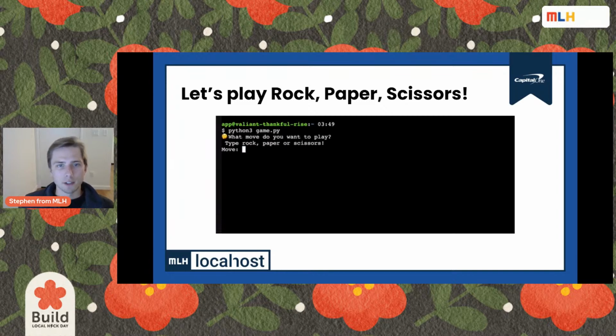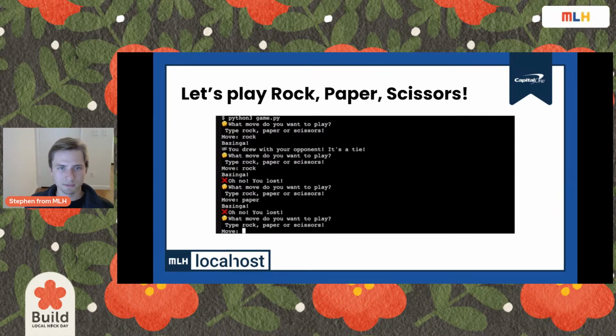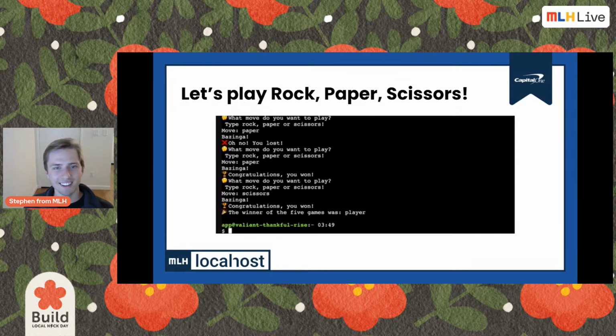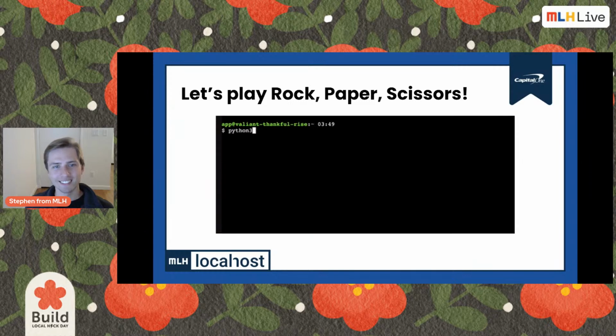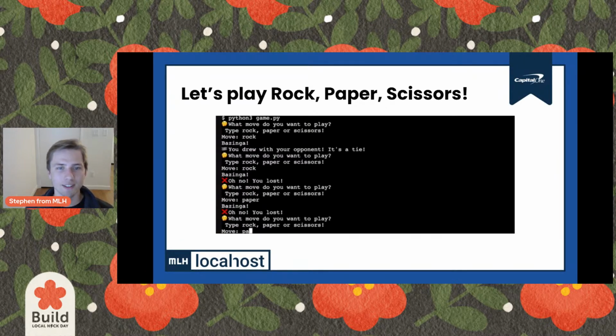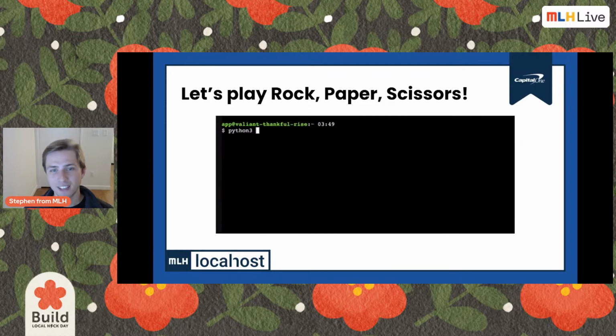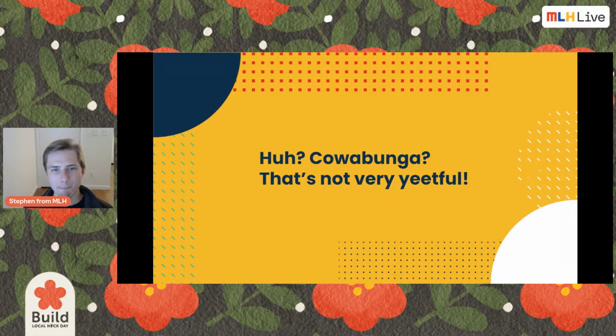Here's a GIF that shows you a possible way to play. You can type in your move, and the AI will tell you bazinga, and then you'll either win or lose. As you can see, over the course of this animation, the player gets a lot better at beating the AI.